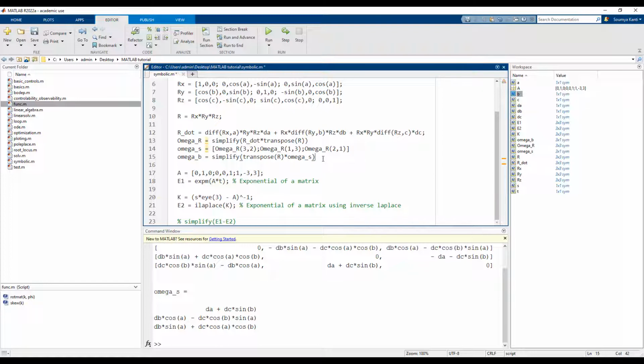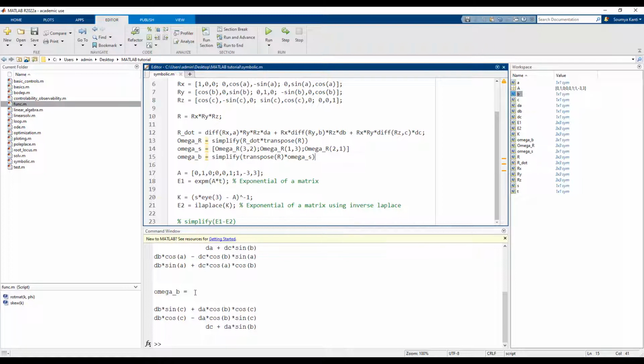And if I now do it, what this simplify does is it will simplify some of the equations. It can be too long, like some of the terms will be sin square theta plus cos square theta, but it will simplify all those terms. So this is omega b, which is the body fixed angular velocity. Okay. So this was finding out omega.